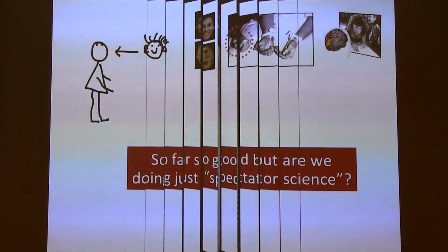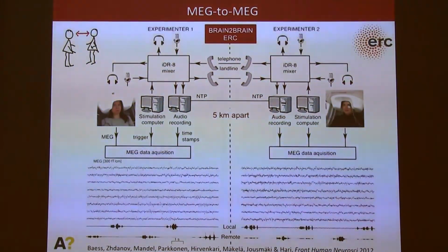And that's why, over the years, we've been building this type of MEG-to-MEG system. It was a happy thing that this Elekta Neuromag was a spin-off from our lab, because then there are several identical devices in many places. So we first connected one device with an identical device 5 kilometers apart, in Meilahti Hospital.